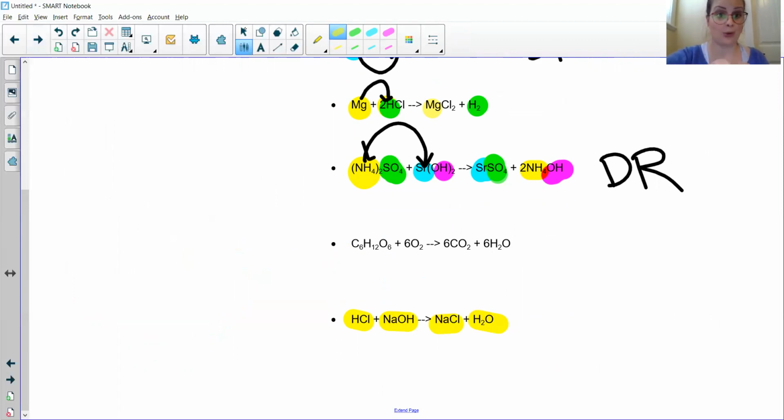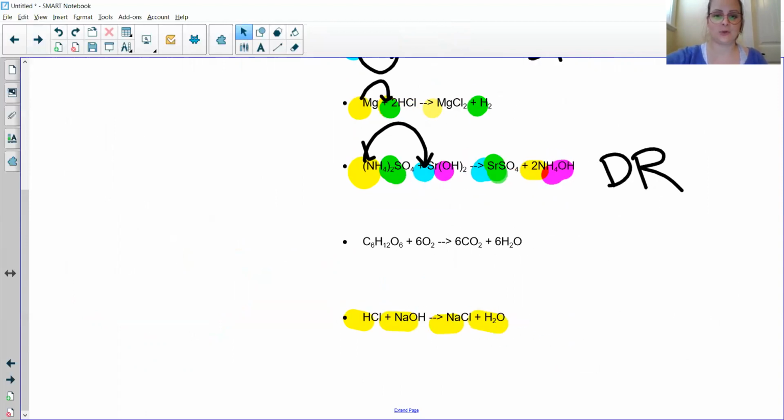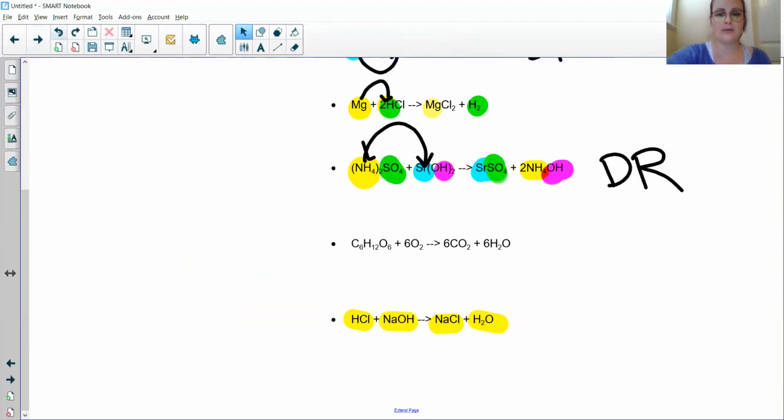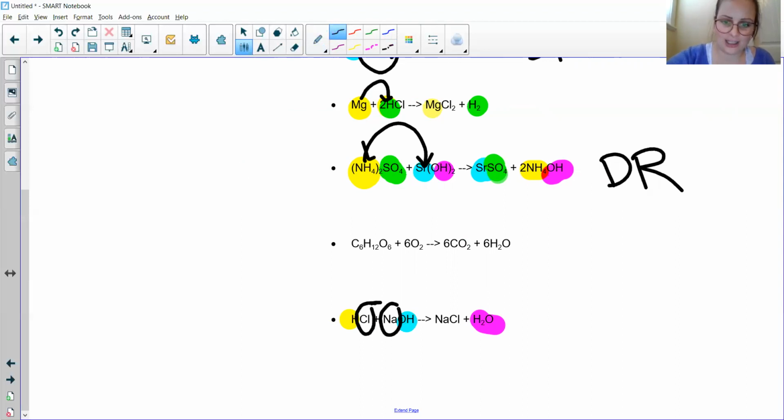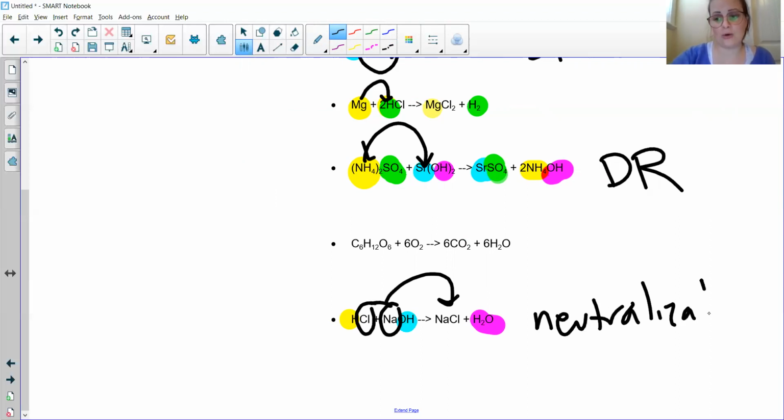You can just be even more right by recognizing, ooh, that was fun, by recognizing that, hey, this has an H and this has an OH, and they joined to form water. And if you look at the metal and the non-metal, they join to form the salt. So this is a neutralization reaction. And you will go over more of this in more detail in Chem 11.